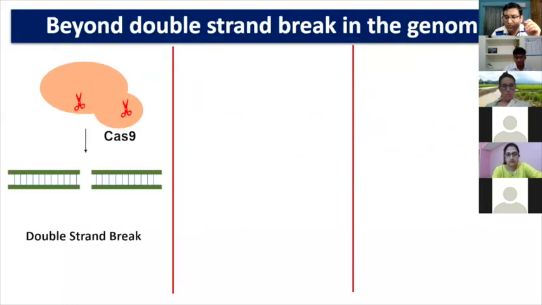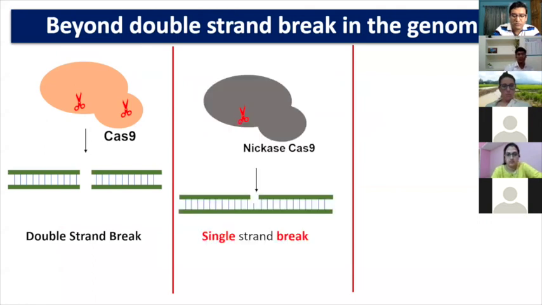Now I want to briefly tell you about these three systems. I explained to you that a double-strand break is possible with Cas9 and guide RNA.